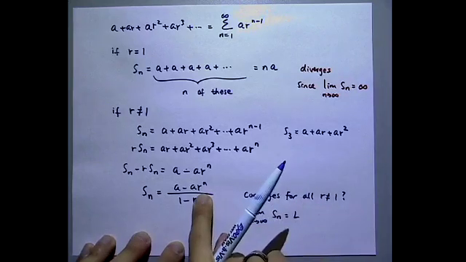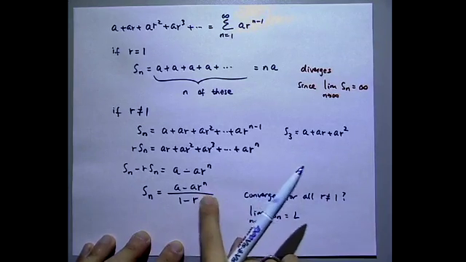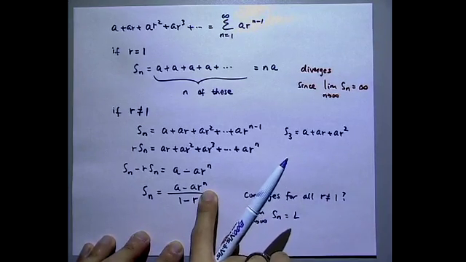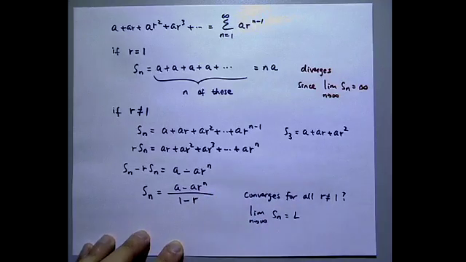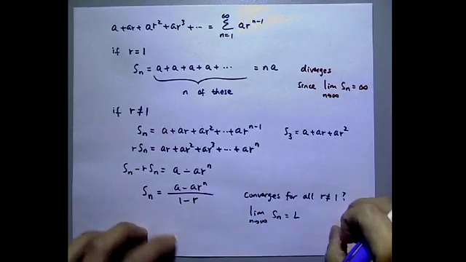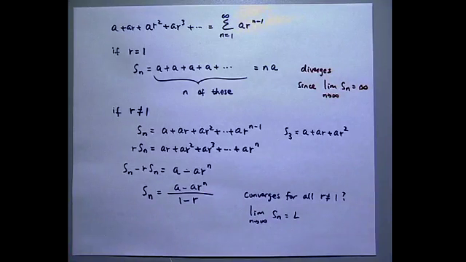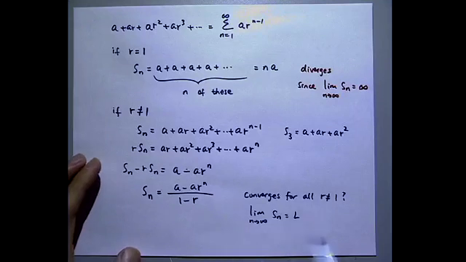What about when r is equal to 1/2? What happens to r to the n? Eventually it disappears. So where is that dividing line here? It has to be between 1 and minus 1. Good.